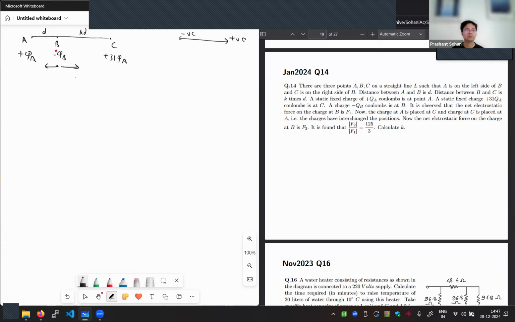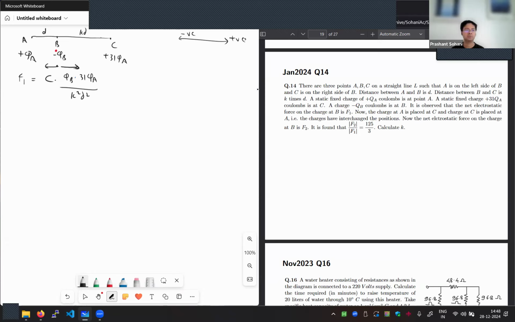The total force acting at B will be given by Coulomb's constant times... let us first write the attraction by C. That will be QB into 31 QA upon the distance square. This is how much the object is pulled to the right, so that is why it is positive.